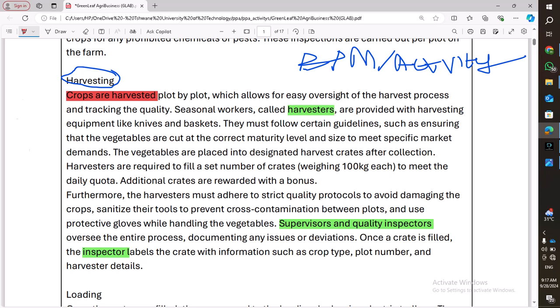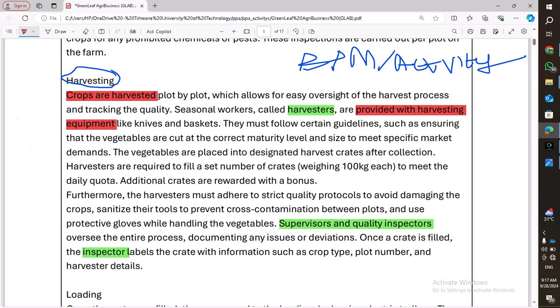The seasonal workers, what does the seasonal worker do? They harvest, provided with equipment like knives and baskets.